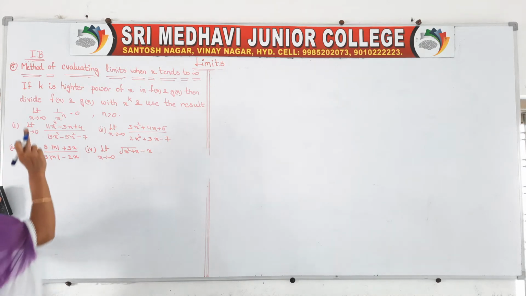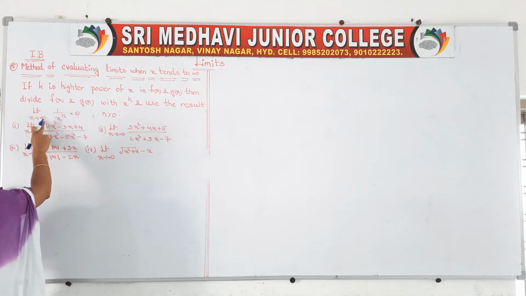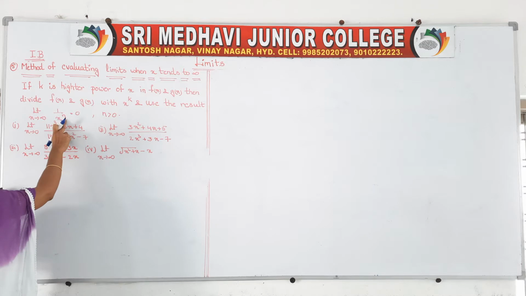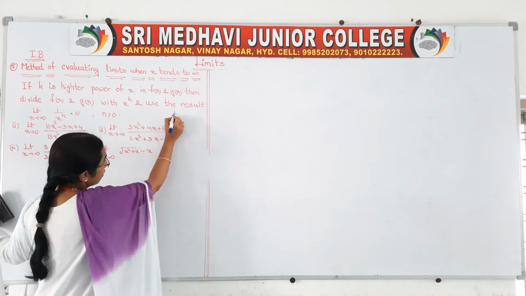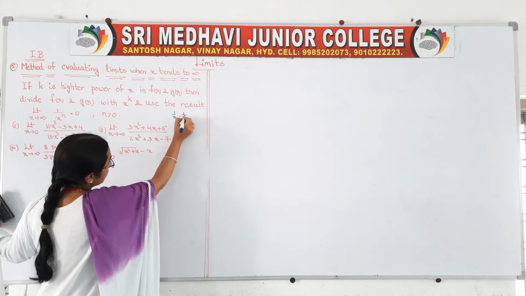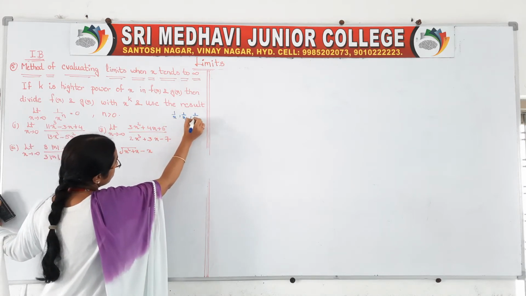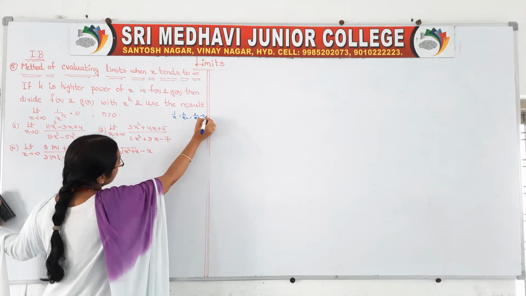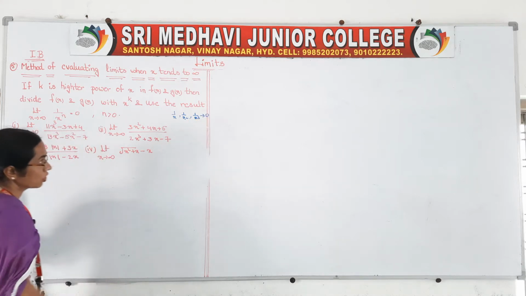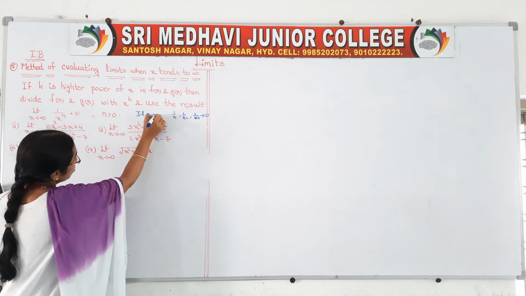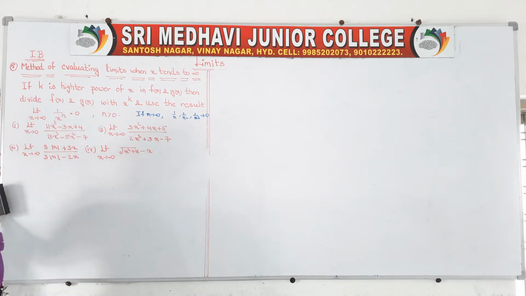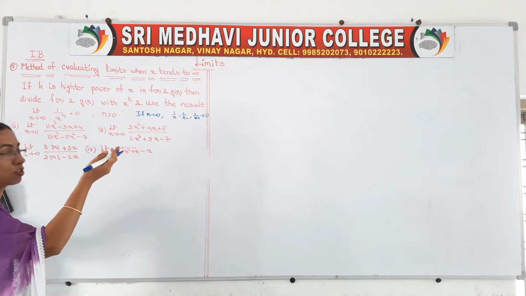After that, use the result: limit x tends to infinity of 1 by x to the power of n is equal to 0. If x tends to infinity, then 1 by x, 1 by x square and 1 by x cube, all these values tend to 0.